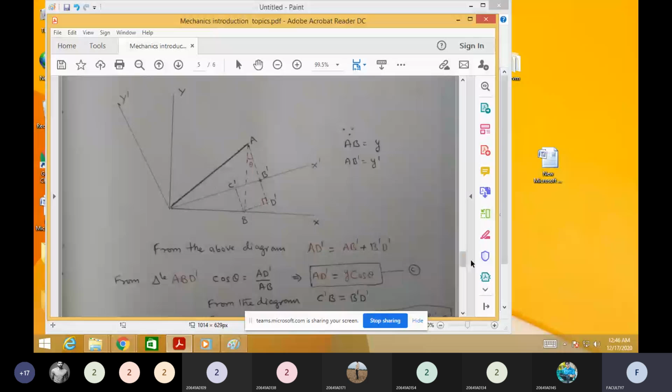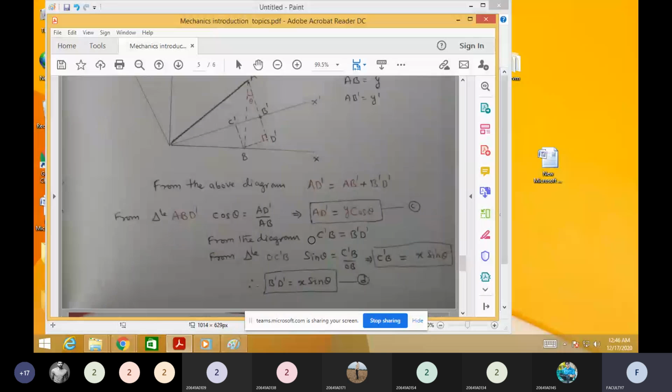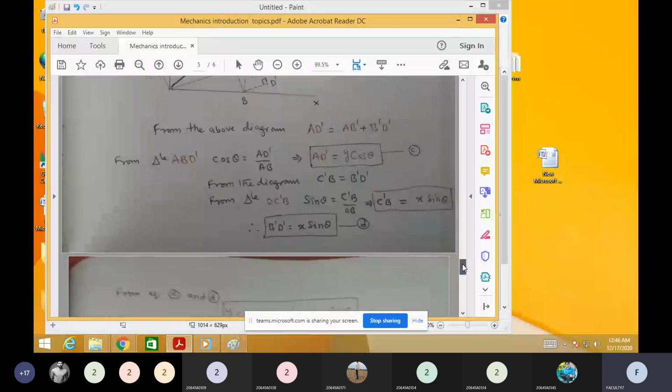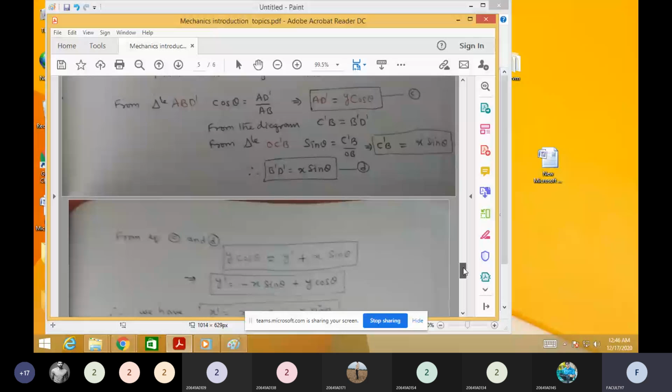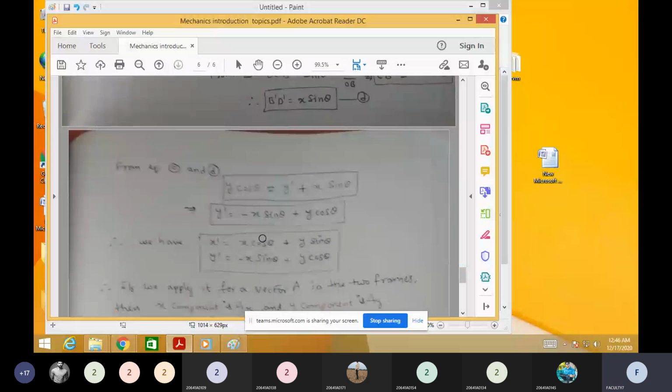Again we applied the trigonometrical formula, and we got the y dash value as the sum of minus x sin theta plus y cos theta.